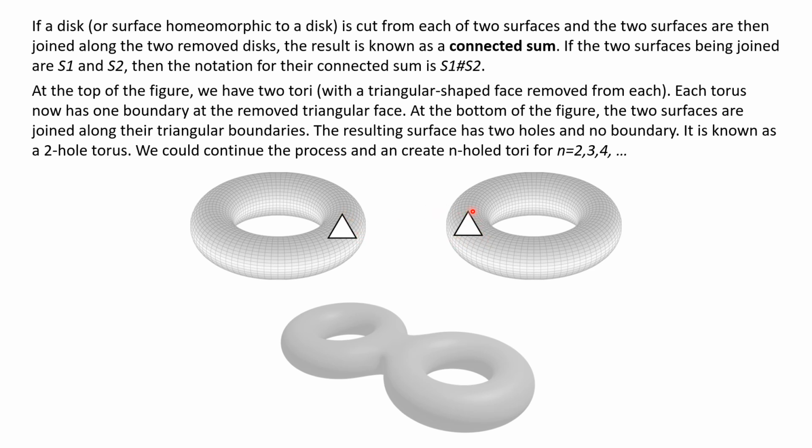I did a triangle, but we could have done a circle, a disk, and we remove this, and then we join the two objects, in this case the two tori, along the triangles here, and we get what's called the connected sum, and we write it this way. So if we have surface S1 and surface S2, then the connected sum is written with the symbol in between the names for the two surfaces.